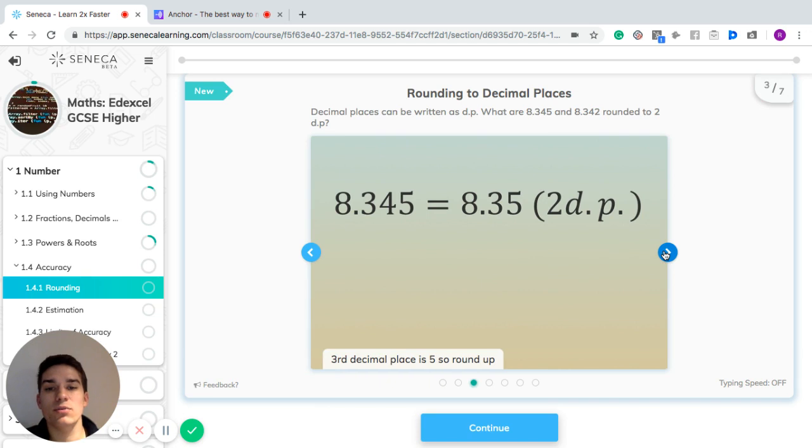Now, in this example, 8.345, if we're rounding to two decimal places, the third decimal place is 5, so we round up to 8.35.